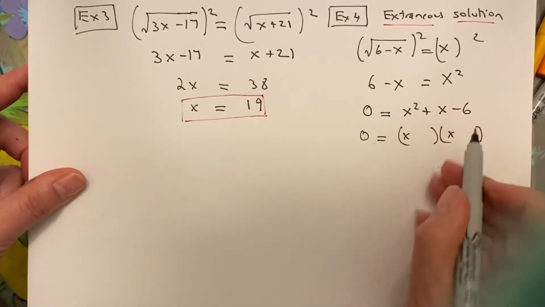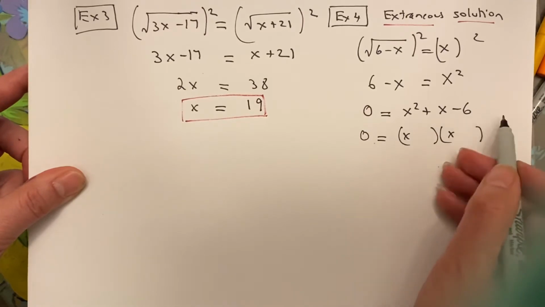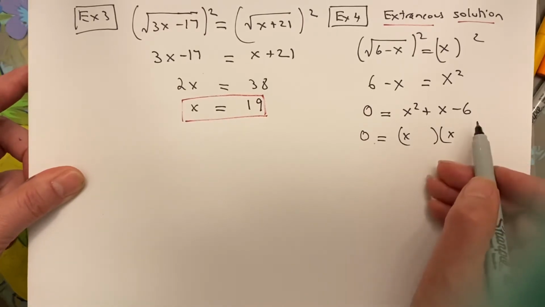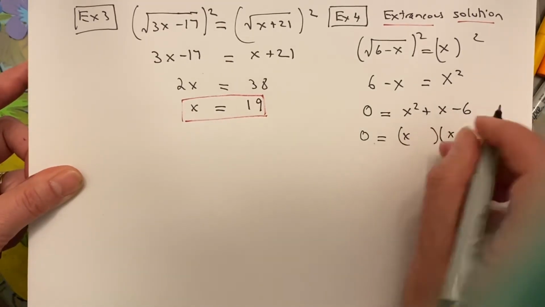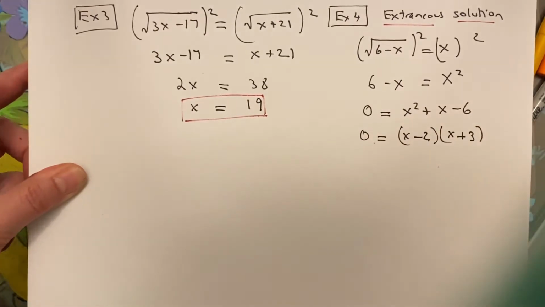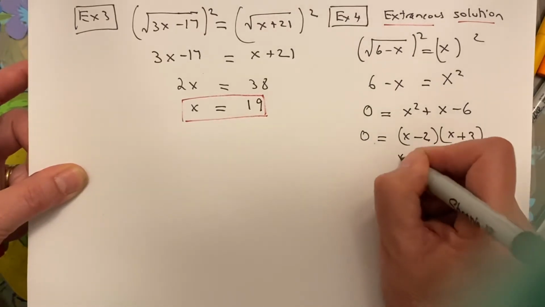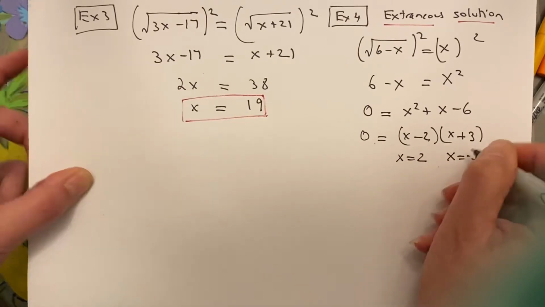If you remember, what are the factors that go into -6? I've either got +3 and -2, or the reverse, -3 and +2. Since I have a positive x in the middle, the positive has to be the bigger number. So +3 and -2, and when I solve, I end up with two solutions: x equals 2 and x equals -3.